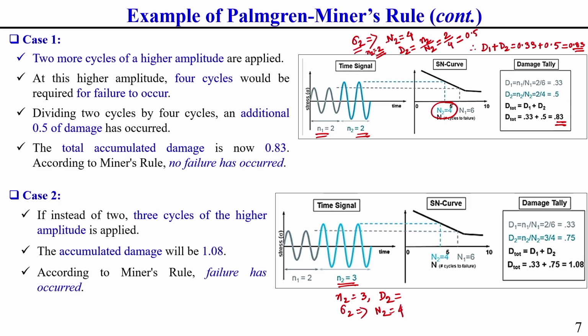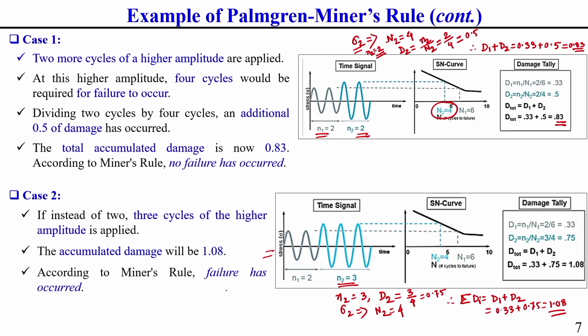Here capital N2 equal to 4, so D2 will be 3 by 4, that is equal to 0.75. So in this case 2, your total damage, the summation of D, will be D1 plus D2, which is 0.33 plus 0.75, equal to 1.08, which is greater than 1.